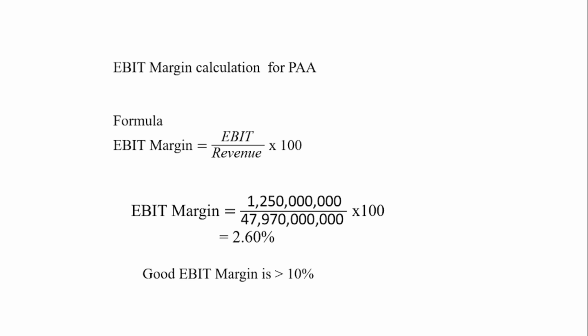EBIT margin is EBIT divided by revenue multiplied by 100. It comes to 2.60%. A good EBIT margin is above 10%. So if it was 10%, this means the company turns 10 cents of every dollar into profit before interest and taxes. 2.60 is very, very low.